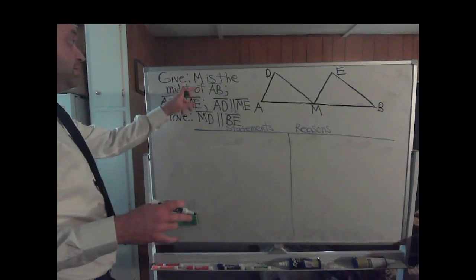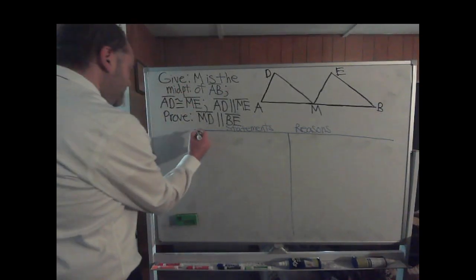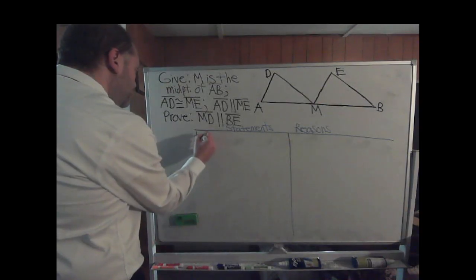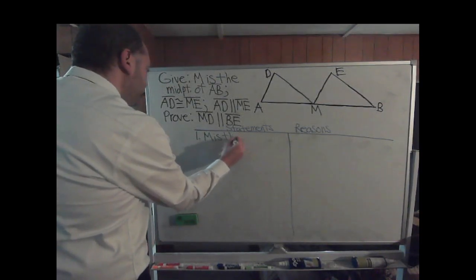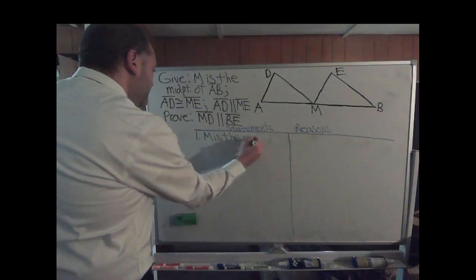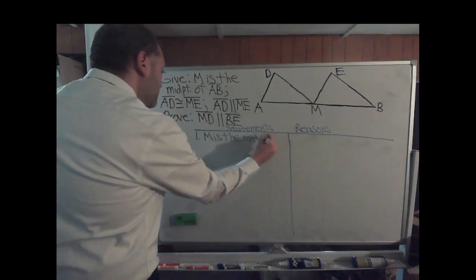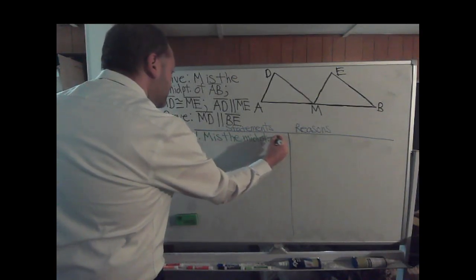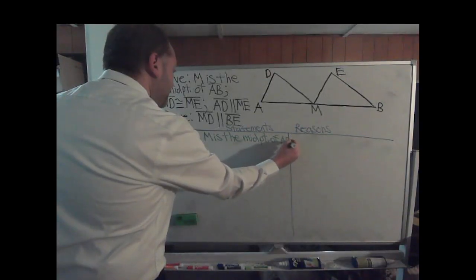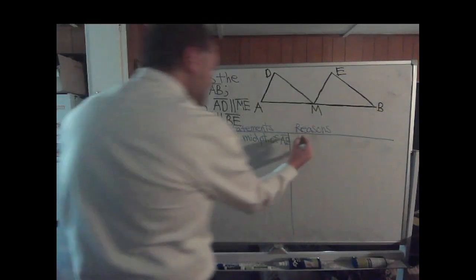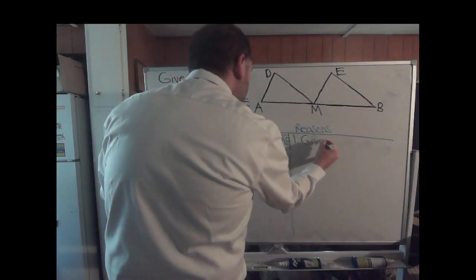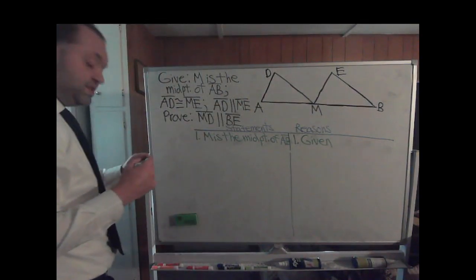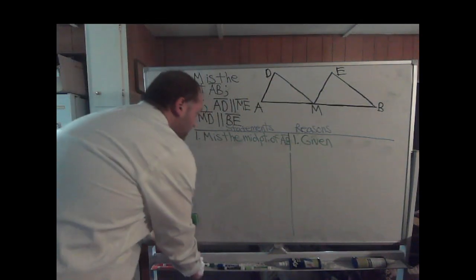We have that M is the midpoint of AB, right? M is the midpoint of AB. The reason, it was given to us. So reason one, that's our given information. Which is going to go to step 2 here.